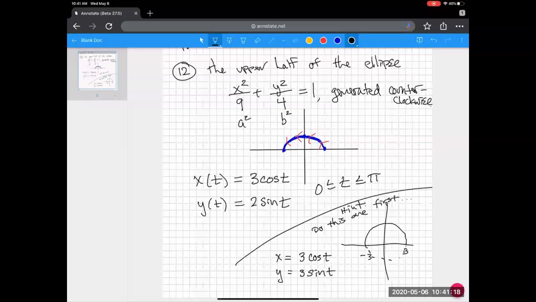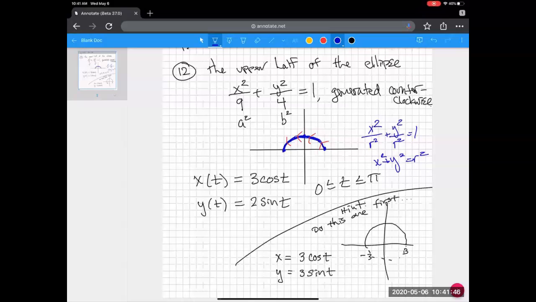Imagine that the major and minor axes lengths are the same. Well, then they're both divided by the same number. Call that r, because that's the radius of the circle. So if you have x squared over r squared plus y squared over r squared equals 1, well, that's just x squared plus y squared equals r squared, which is the equation of a circle.